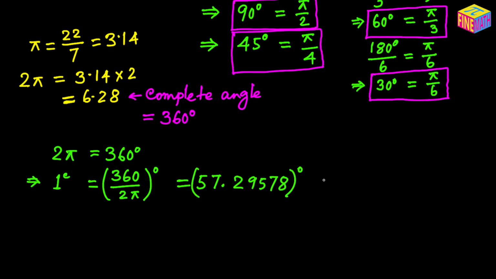And if you again convert that into degree and minute, so that would be 57 degree and approximately 17 minutes and 45 seconds. So 1 radian is actually equivalent to 57 degree and 17 minutes 45 seconds approximately.